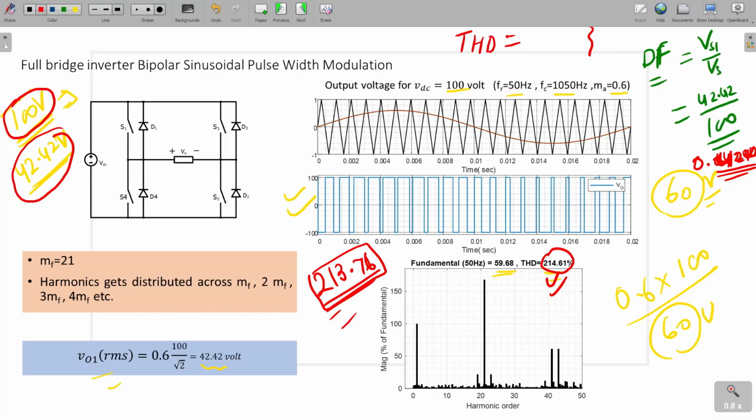See, 100 is the actual RMS of this output voltage. It will oscillate between plus 100 and minus 100, so the actual RMS value will be a constant 100 volt. But the fundamental RMS value will be 42.42 volt. Based on this we are calculating the THD value and we are getting this much percent.